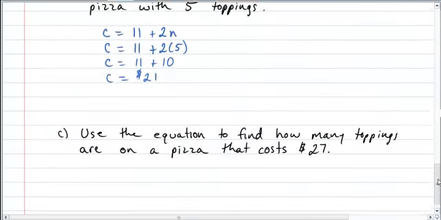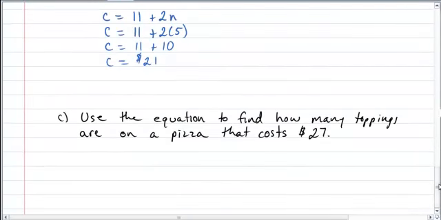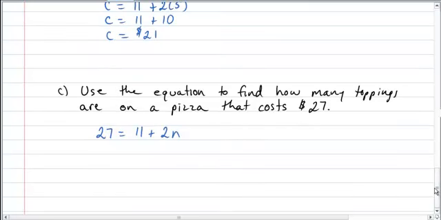And we look down here, well, what if we use the equation to find out how many toppings are on a pizza that costs $27? Right? So now we've changed it up a bit. We have the total cost, which would be C, is 27, equals 11 plus 2n. How many toppings are on that? Then we're back to our regular algebra stuff that we were doing before.